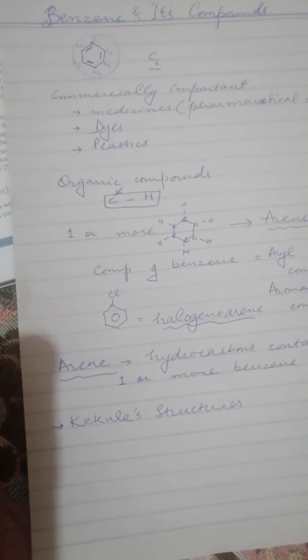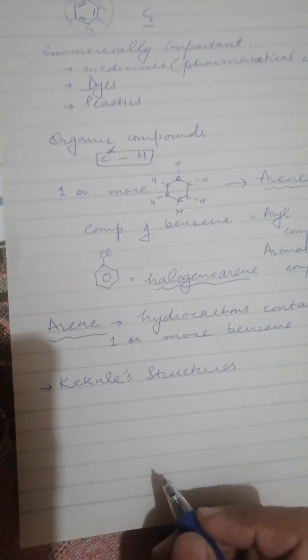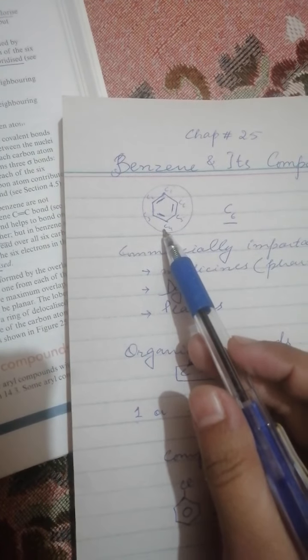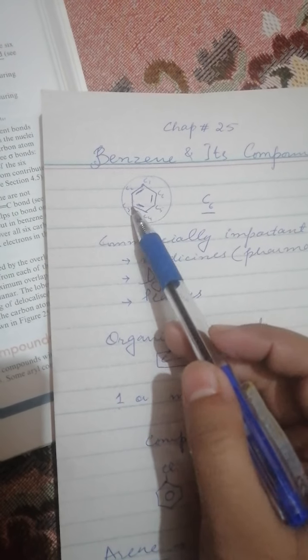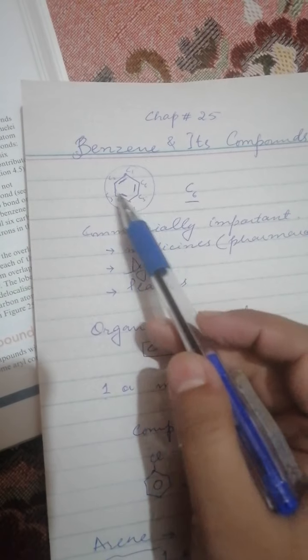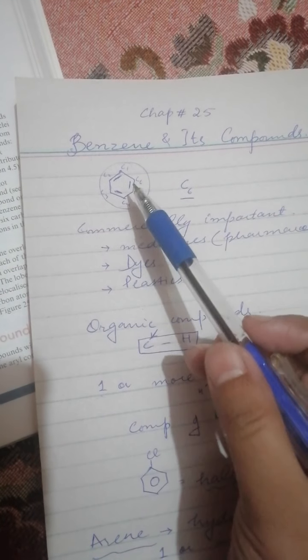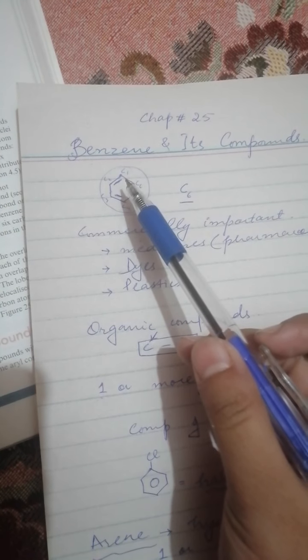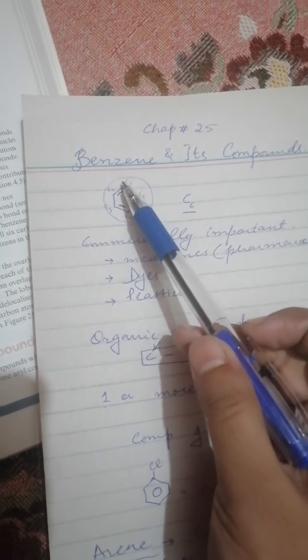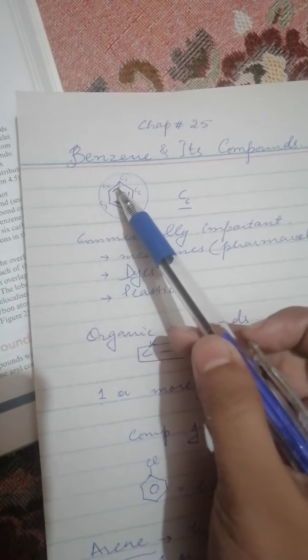According to Kekulé's structure, the hexagonal ring contains three double bonds and three single bonds.